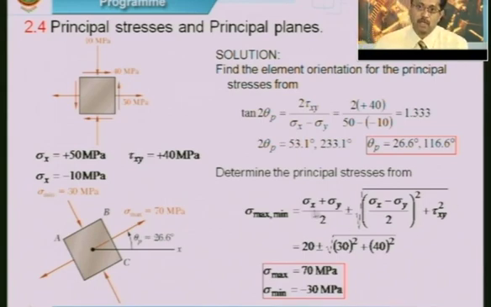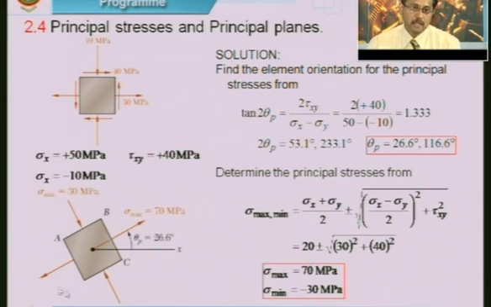Substituting the values here, we have sigma x as 50 megapascal and sigma y as minus 10 megapascal, divided by 2, plus, sigma x is 50 megapascal minus of minus 10 divided by 2, and tau xy as 40 megapascal. If I substitute these values, I would get sigma max equal to 70 megapascal, which is positive. Then sigma minimum, we will get as minus 30 megapascal.